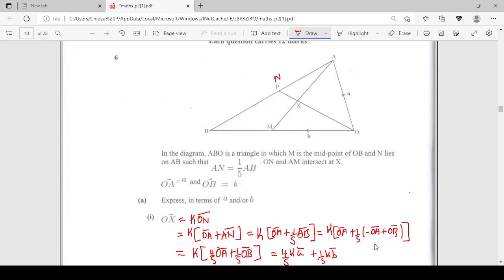You may pause the video and think about that to see if you understand. If you have done that, you can simplify because we've got like terms there, OA and minus OA. So when you open brackets and simplify, you'll end up with this expression: K, open square bracket, 4/5 of OA. 4/5 of OA, we got it by saying OA minus 1/5 of OA, and then plus OB, which will be equal to, now when you multiply out the K, you will have 4/5 Ka plus 1/5 Kb.